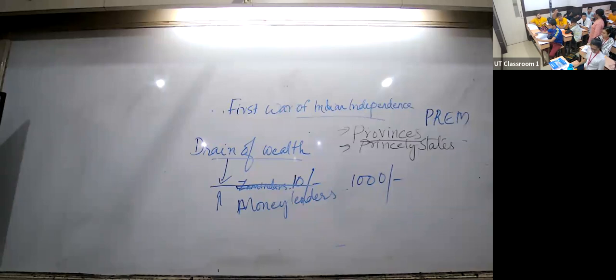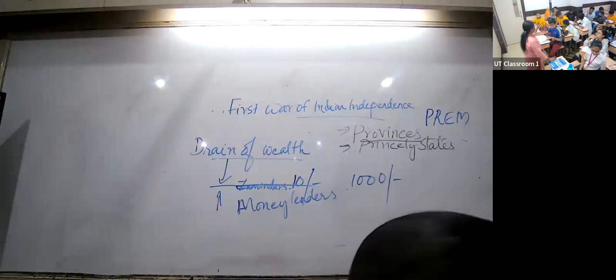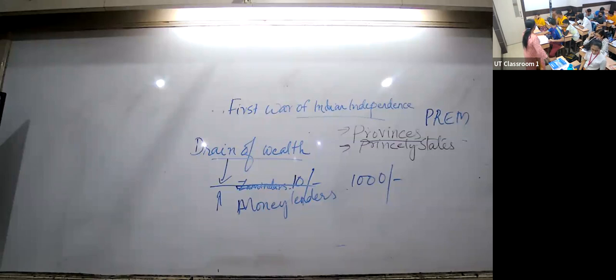One more thing you have to learn that is not done in the book. See, there is one called chronological events, chronology of events.